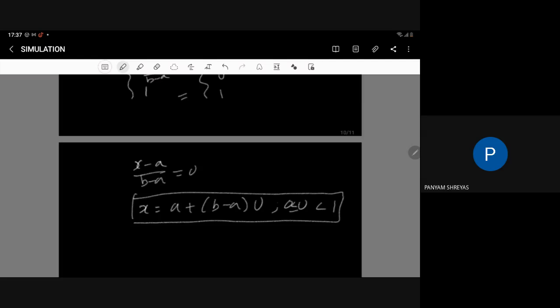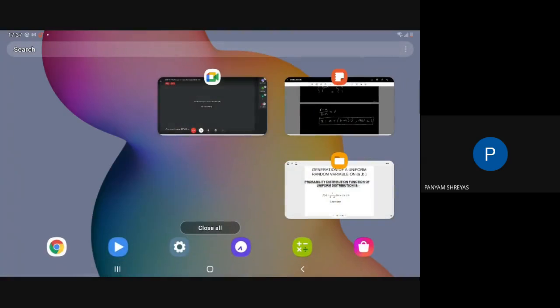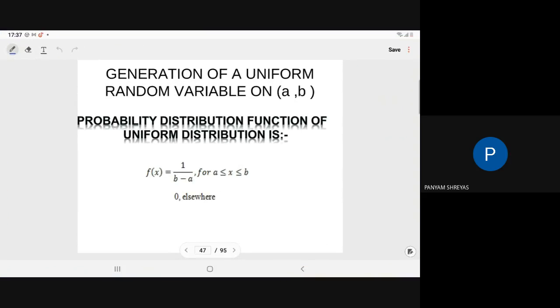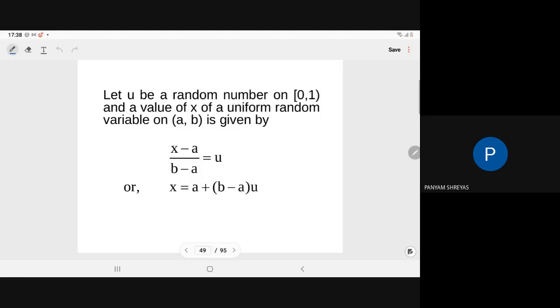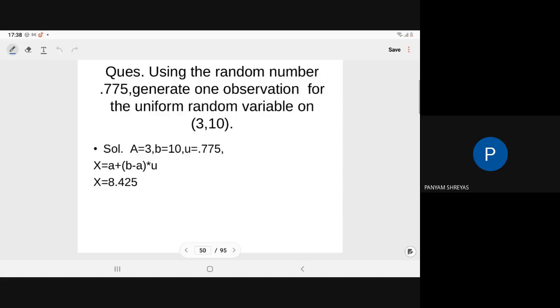With this scheme, you can generate the uniform variate. So all these things we have explained. This is the scheme: x is equal to a plus (b minus a) into u.